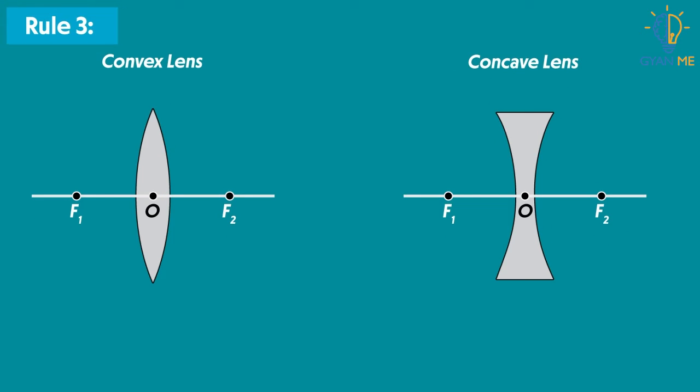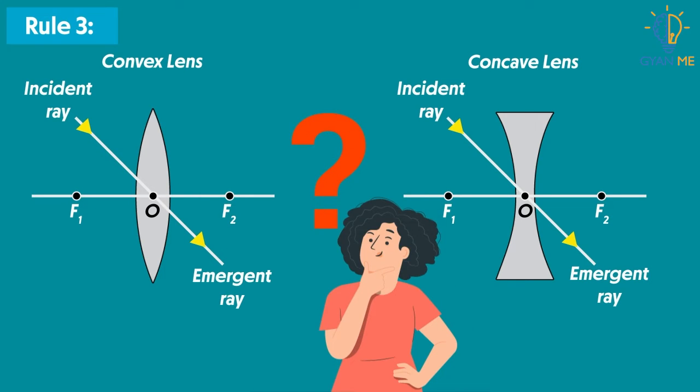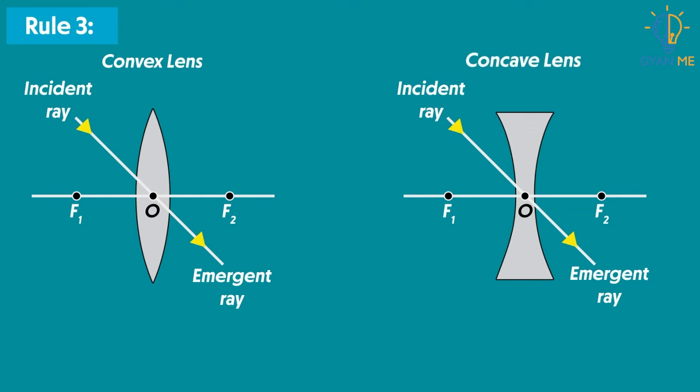It says that a ray of light passing through the optical center of a lens will emerge out on the other side without any deviation. Now you may be wondering why this is so, and is it true for both lenses? Yes, it is true in the case of both concave and convex lenses.